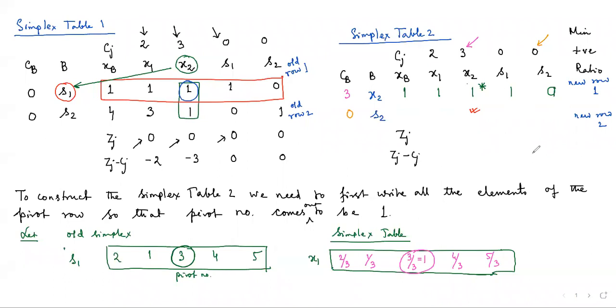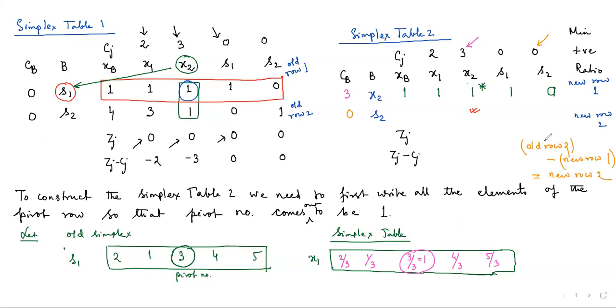If I subtract the new row 1 elements from the elements of old row 2, I will get new row 2.